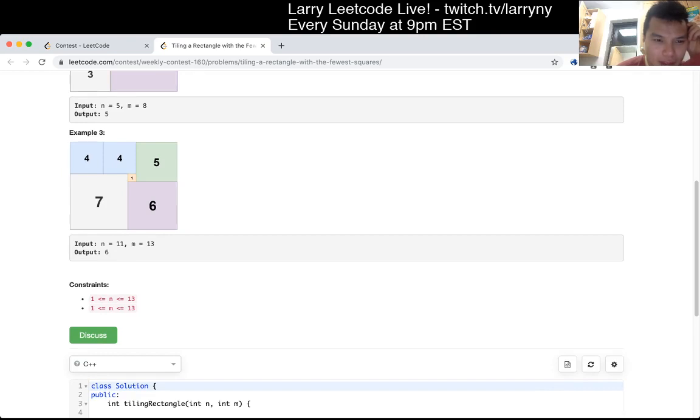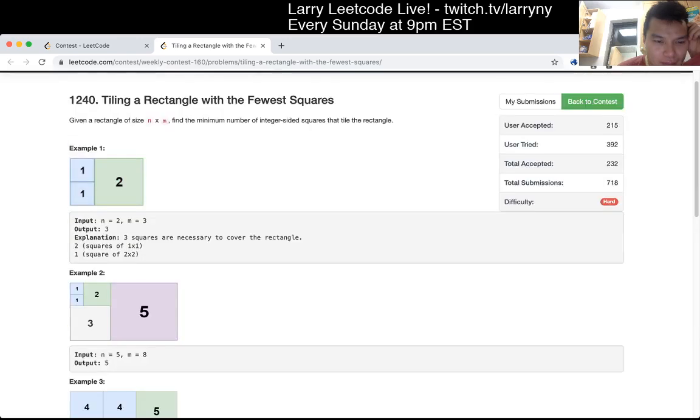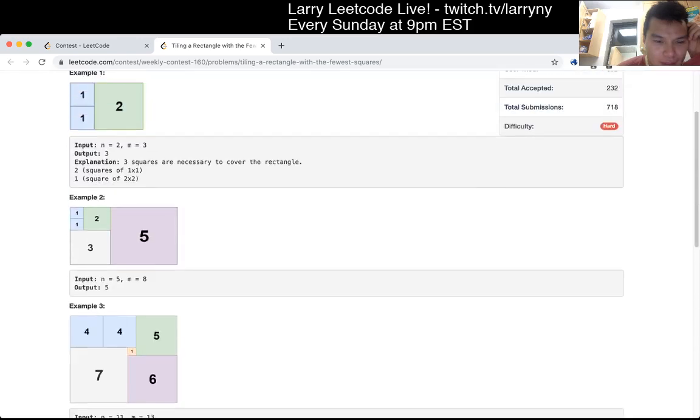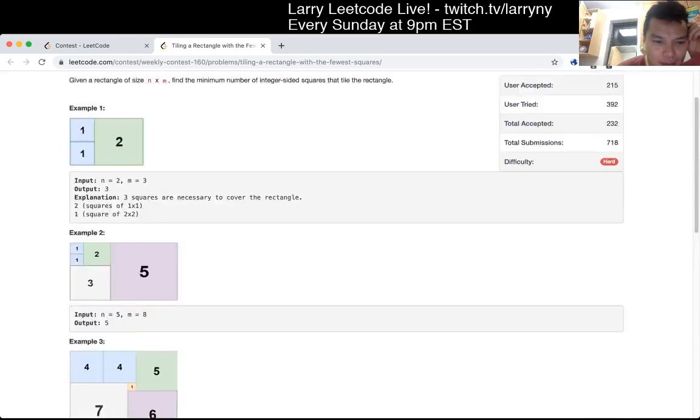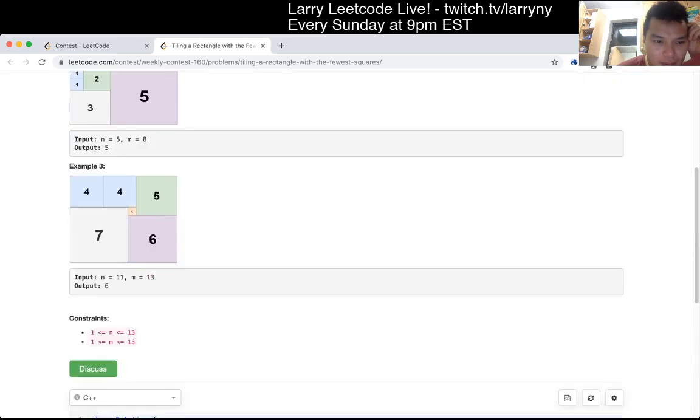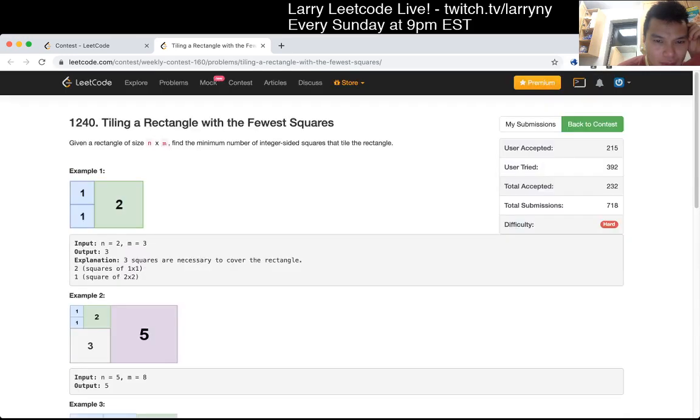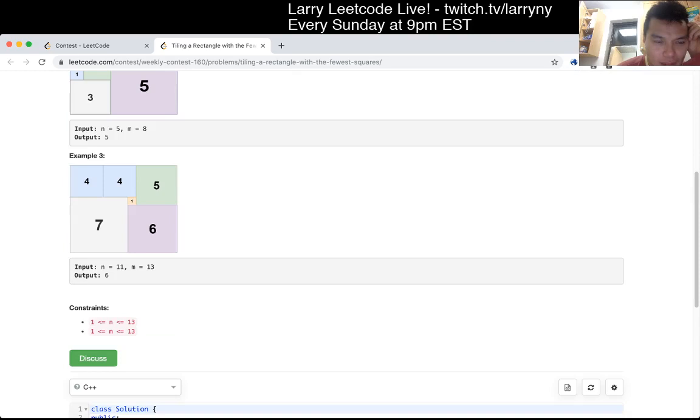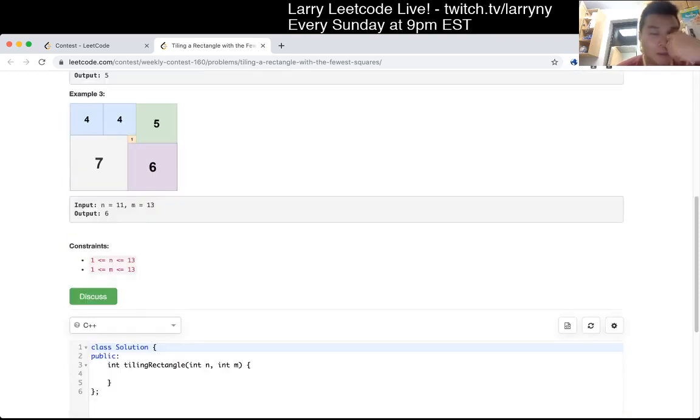Can you do something greedy brute force? Yeah. Simplification is that it's a square, so maybe there's some properties there.